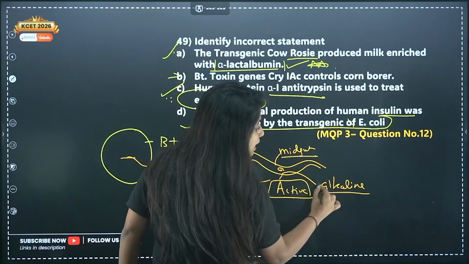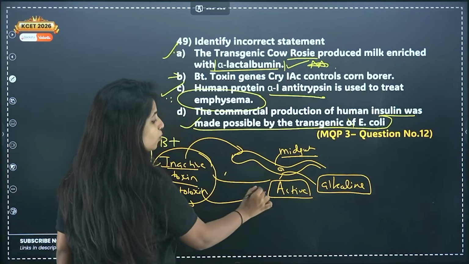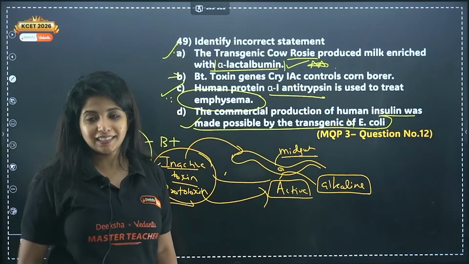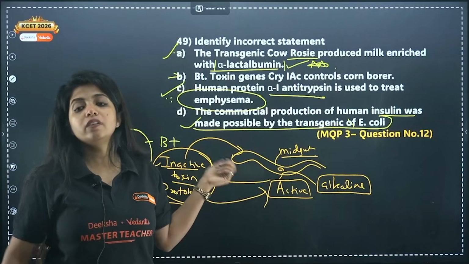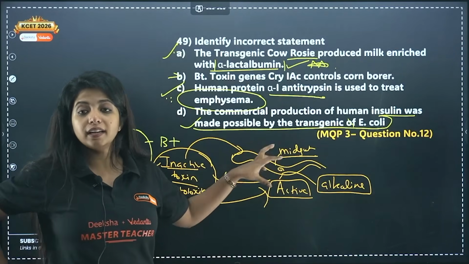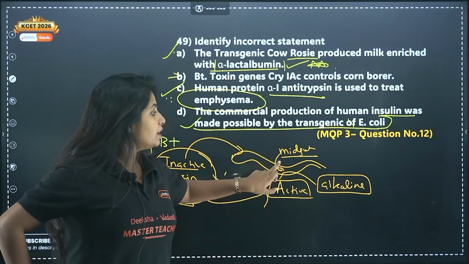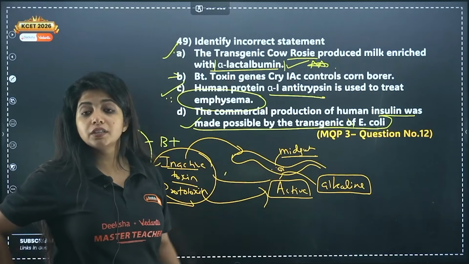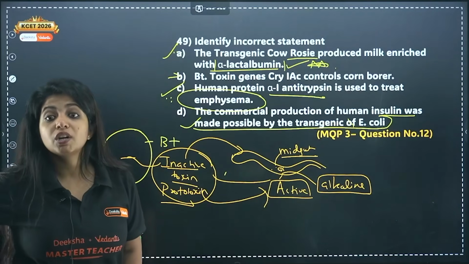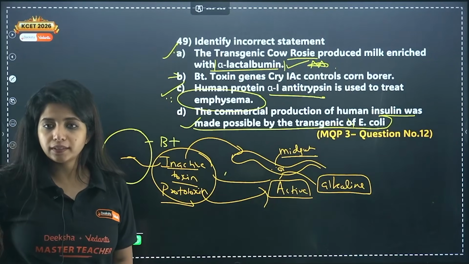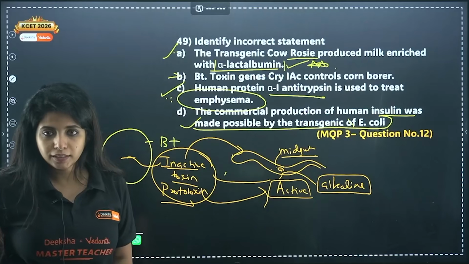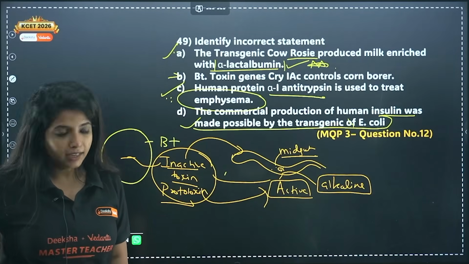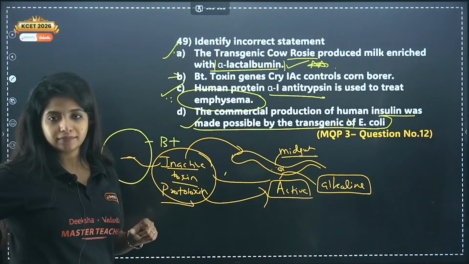And when it is alkaline, my dear children, this toxin becomes active. If the alkaline medium was not provided, how would it become active? Now the alkaline medium is there, it becomes active, and it is going to lead to perforations in the midgut region. It is going to cause trouble there.